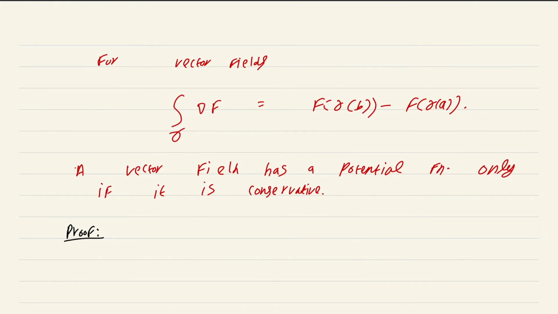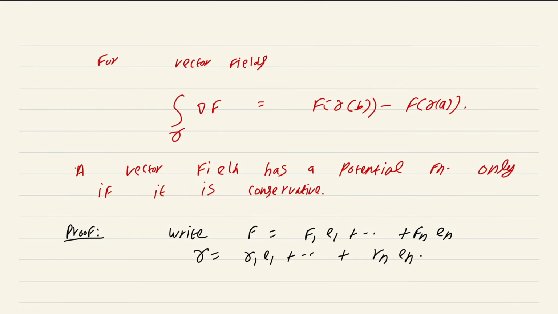Write this function f as f1 e1 plus dot dot dot fn en. That means I'm just writing down the coordinates of this function, and write down gamma as gamma 1 e1 plus dot dot dot gamma n en. I'm just writing down the coordinates of both f and gamma, and by definition both f and gamma are C1 smooth. Now what is the definition of the integral of df over gamma?